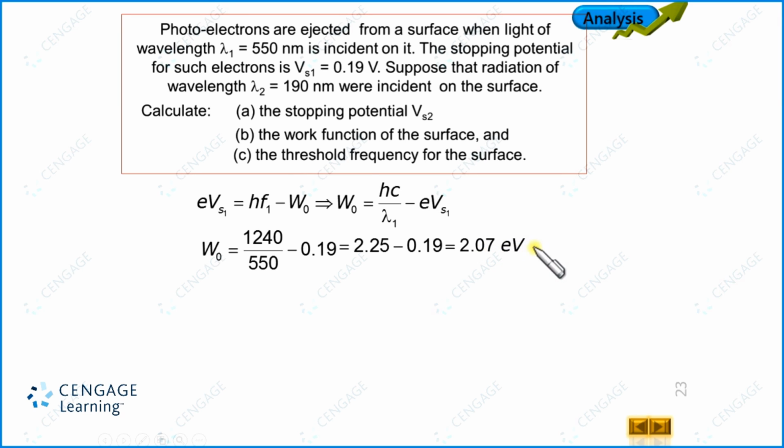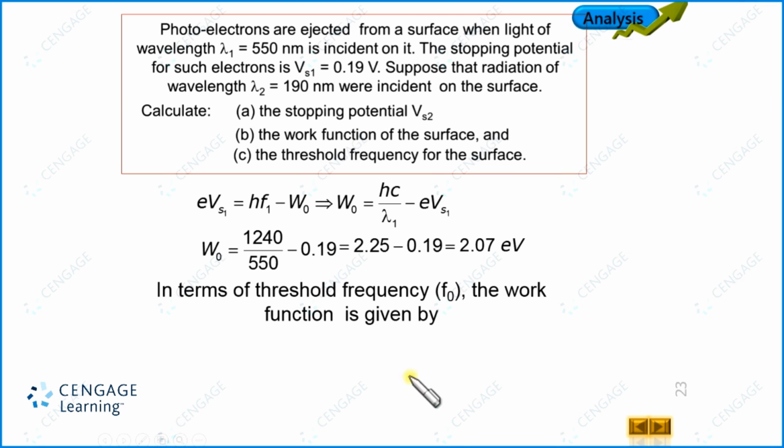Now finally, let us calculate the threshold frequency for this surface. We have the formula for the threshold frequency that is related to the work function as W naught equal to h f naught. So we can write W naught equal to h f naught. f naught is the threshold frequency. This should be equal to W naught divided by h.